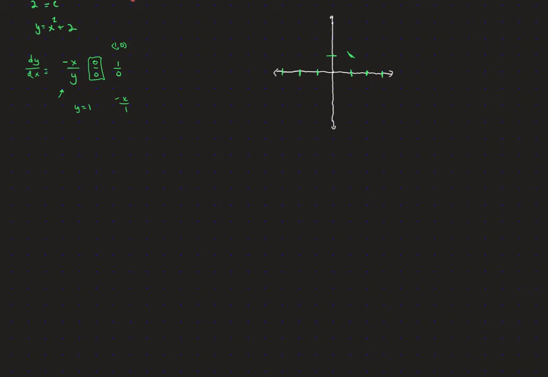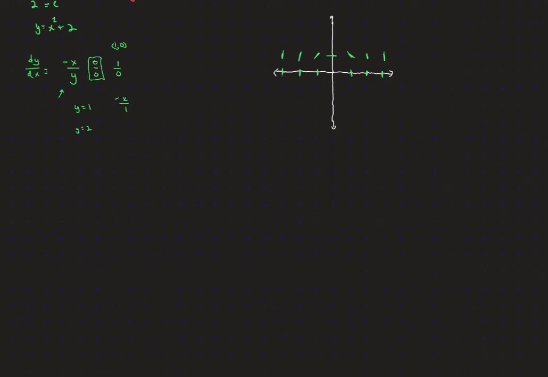When x is positive 2, we're going to get a negative 2. And when x is positive 3, we're going to get a negative 3, a really steep negative slope. Going to the left, when x is negative 1, we're going to get negative 1 over 1, which is positive 1. When x is negative 2, we're going to get a positive 2. And when x is negative 3, we'll get a positive 3. And we're going to keep going this way.